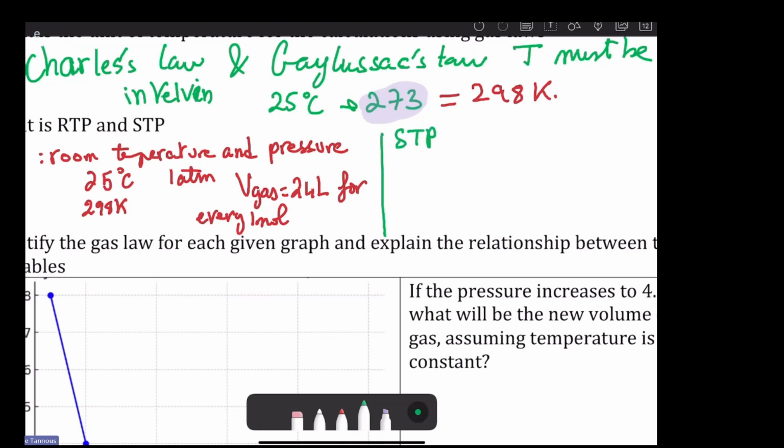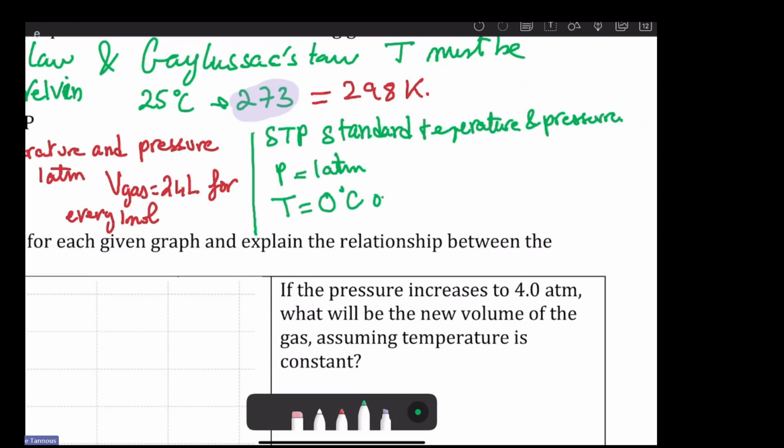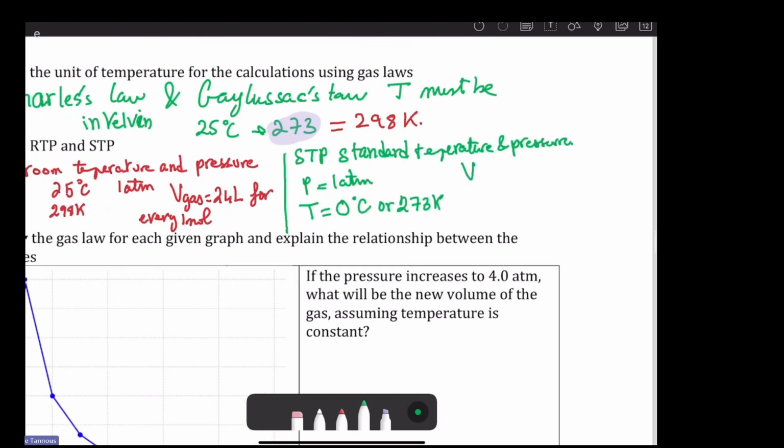However, STP is known as standard temperature and pressure, at which the pressure is always 1 atmosphere. However, the temperature is 0 Celsius or 273 Kelvin, and the volume of gas at STP is equal to 22.4 liter every 1 mole.